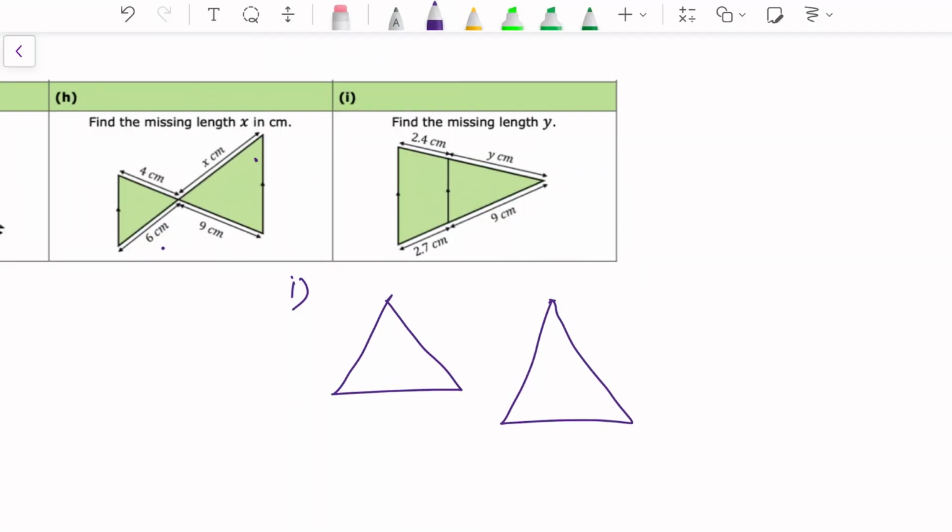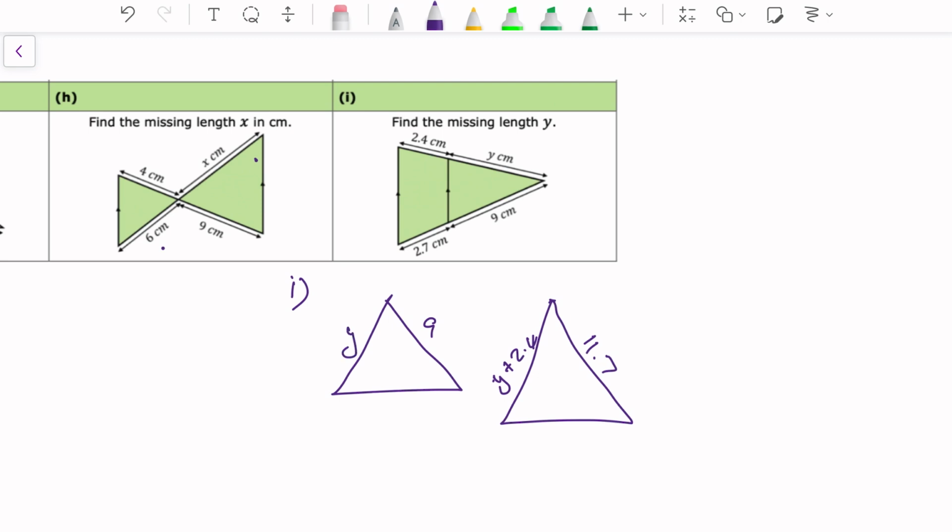The final question. So once again, I have drawn the two triangles separately. So for the larger triangle, we could say this side here is y plus 2.4, and the other side is 9 plus 2.7, which we can add to get 11.7. And then in the smaller triangle, we have the 9 and we have the y.